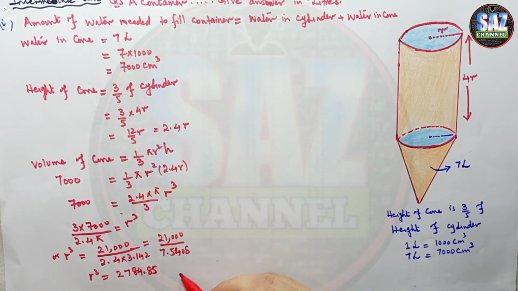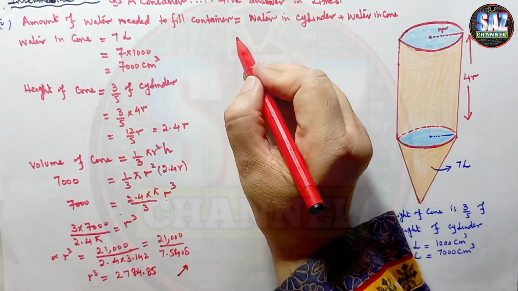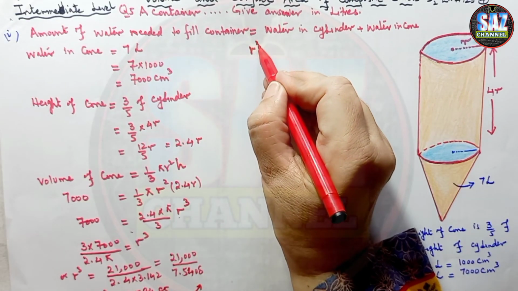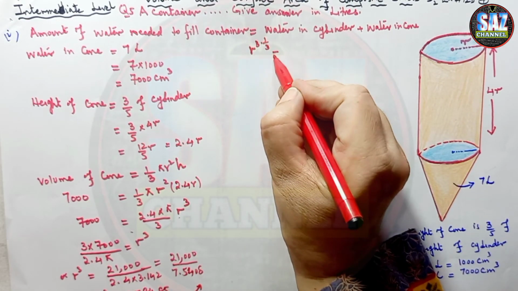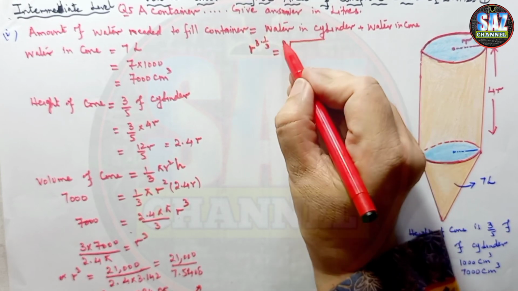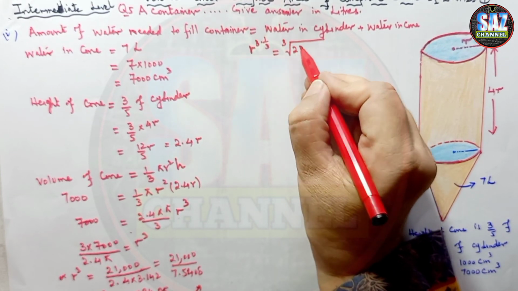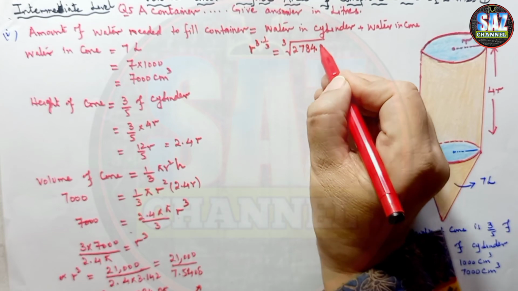Okay, let me move to the top of the page. r cube and cube root here. Okay, and then I have to write down the value, and I have to take the cube root of this 2784.85.